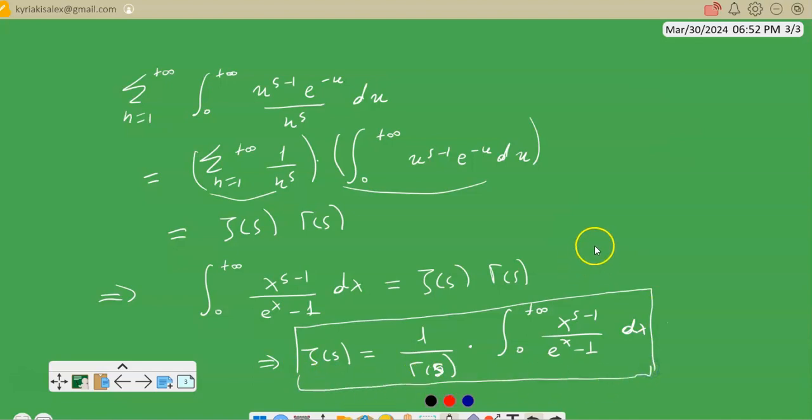This is the integral representation formula for the zeta function, for when the real part of the complex number s is strictly greater than 1. And this concludes my proof.